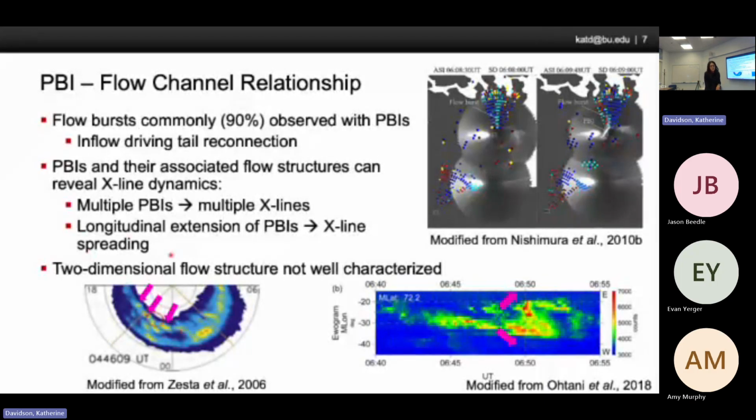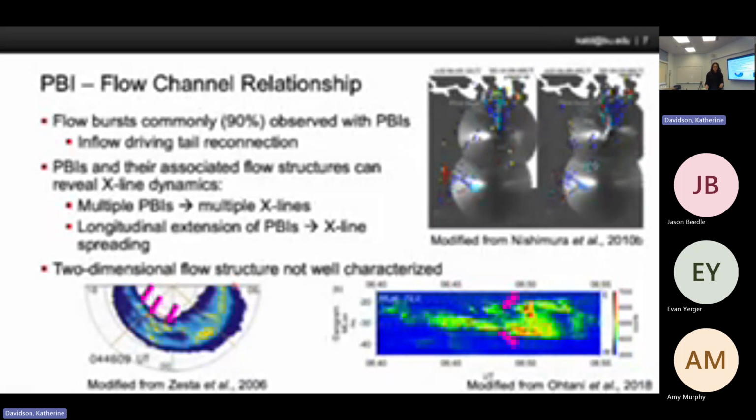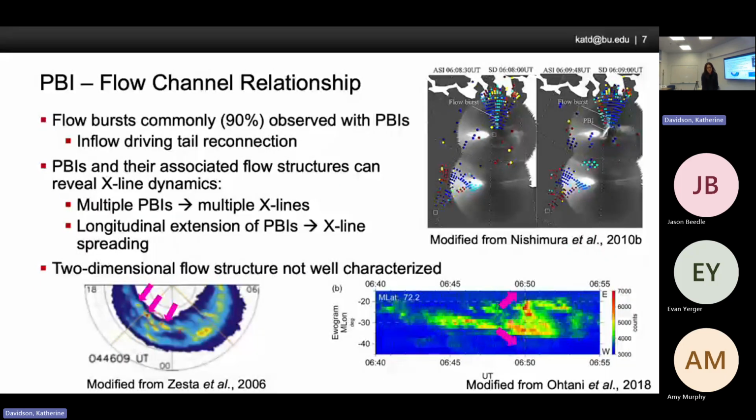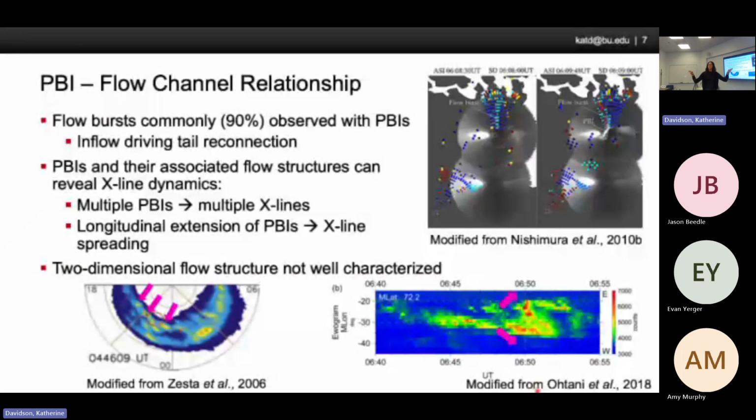We're also interested in the longitudinal extension of PBIs. This could be a signature of the X line spreading, again, in the cross-tail direction. And this figure here shows an east-west cut of an auroral image. So when you see this spread in the y-axis here, you're seeing a spread in the cross-tail direction of the PBI.